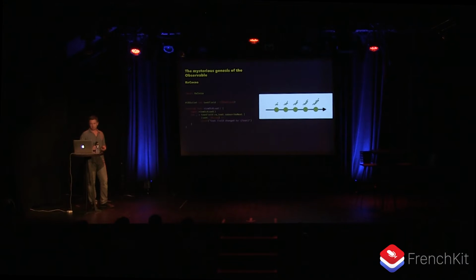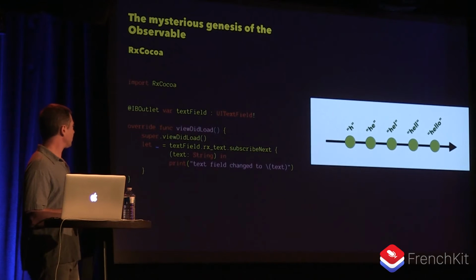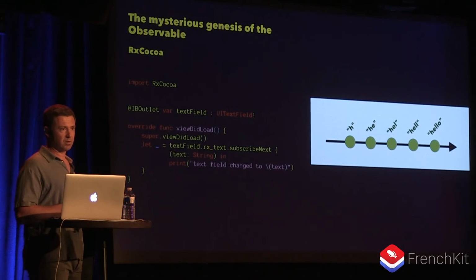In this other example, we use the Rx text extension of UITextField. The Rx text extension emits a string every time the user types a character. So every time something happens, you get successive values of the text field here, and you can process them.